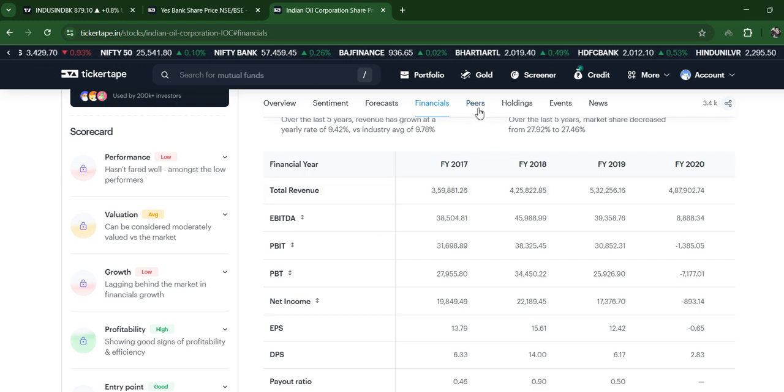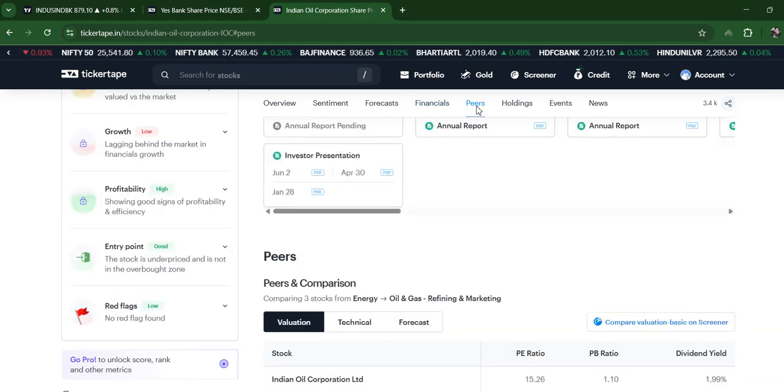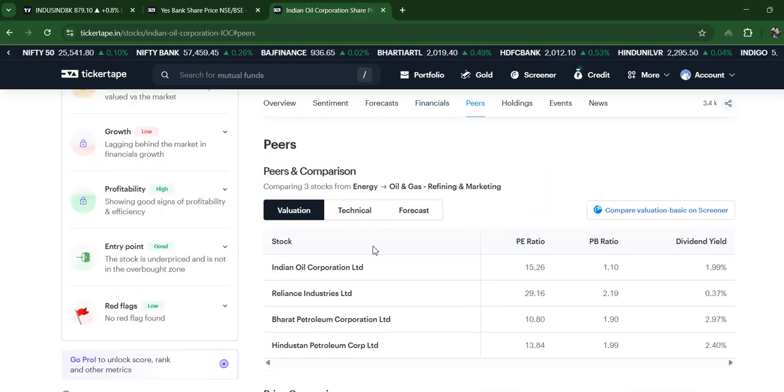So let's go to another tab, which is peers. This is something I have already discussed in the previous video on PE ratio. IOC has a PE of 15.26 times, which means that investors are ready to pay 15.26 times the earnings per share to buy the share of this company today.